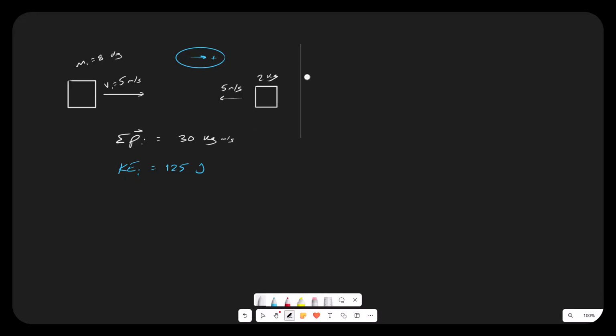Afterwards, let's see what happens here. If mass 1 is going to end up moving maybe at 1 meter per second, mass 2 is definitely going to have to move to the right, and we can figure that part out again.